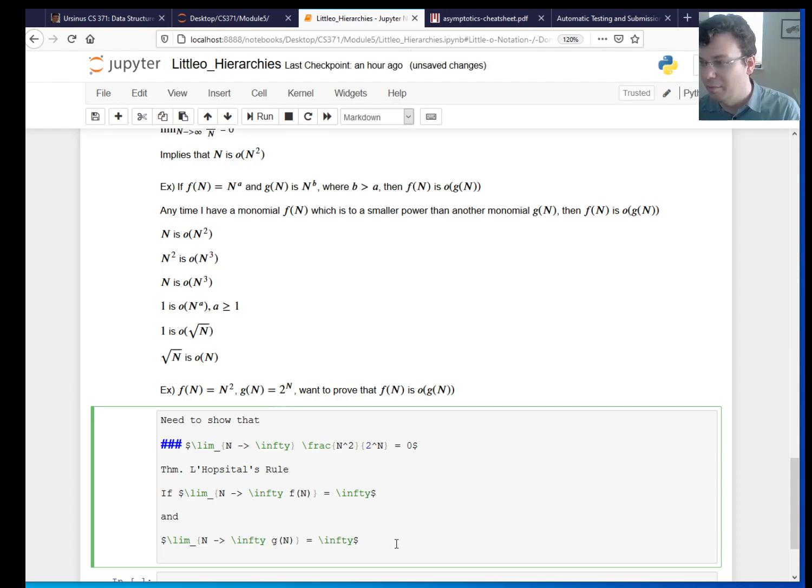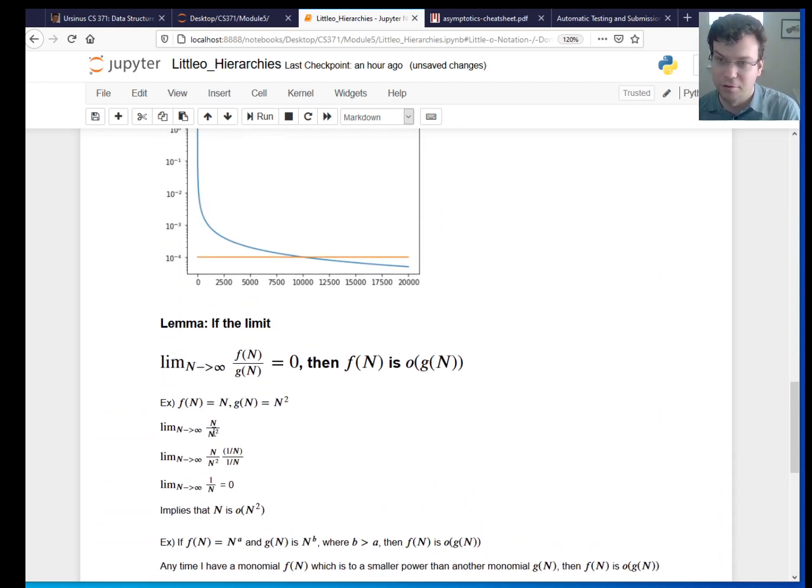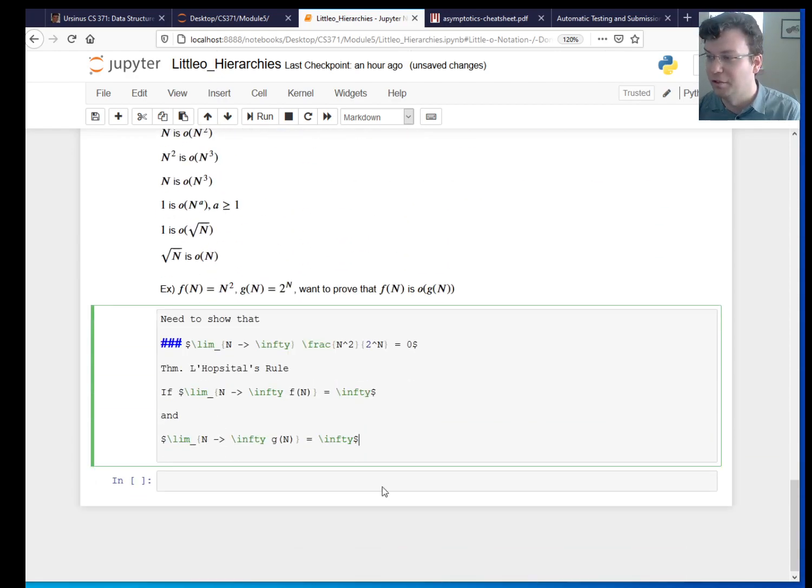If they both get bigger, it's not really clear what infinity over infinity is, right? That's the problem when we evaluate these limits. n goes to infinity and n squared goes to infinity. So I have to do a trick to actually show that the ratio of the two infinities ends up going to 0. Infinity over infinity, okay, very strange.